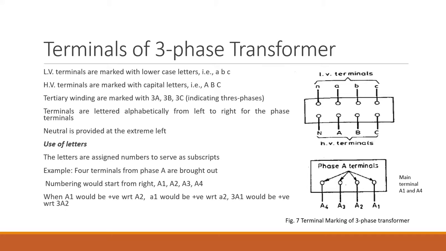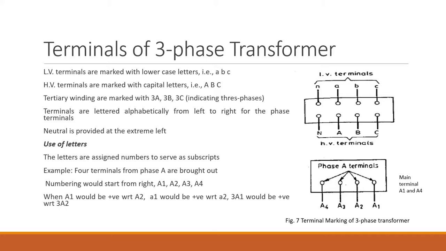The three letters indicate the three windings. Do not write a fourth or fifth letter, like D, because there are only three windings. So three terminals you are going to bring out, and it will be A, B, C, N, where N stands for neutral.